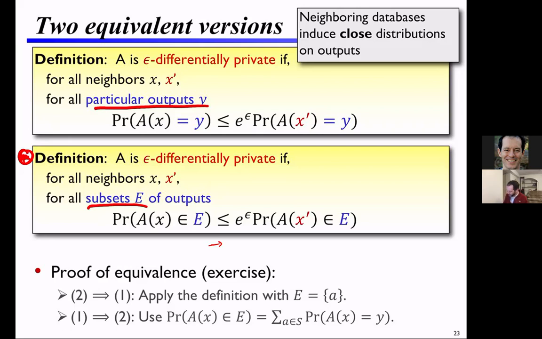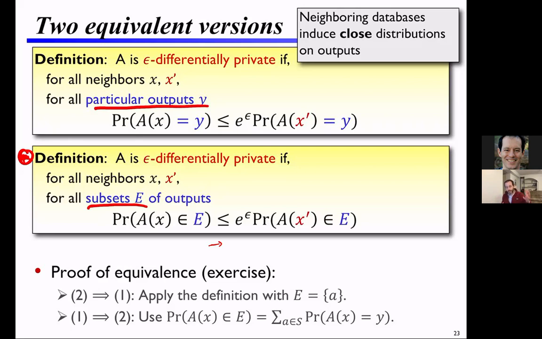Maybe one thing I should mention is that this type of equivalence is true when the outputs are discrete, like in the case of randomized response, where the outputs are strings of bits. More generally, when the outputs are continuous, say real numbers, if we're doing things like adding Laplace noise, which we'll do in the next section, or Gaussian noise, then it suffices to compare the density functions of the two distributions, again, point by point, at least for now.